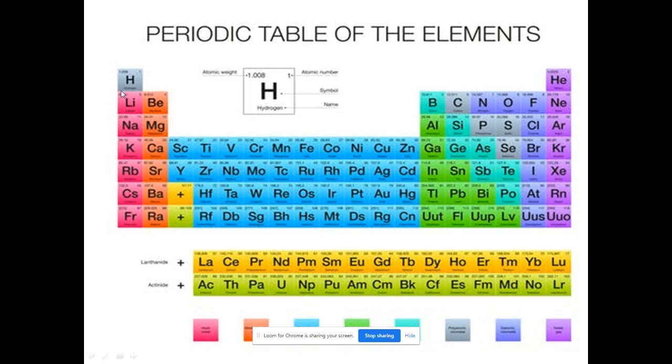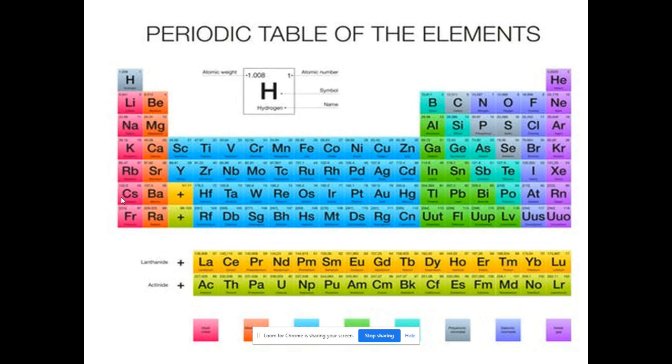Now first I am going to explain about the alkali metals: hydrogen, lithium, sodium, potassium, rubidium, cesium, francium. All these elements are present in group 1A of the periodic table. Lithium, sodium, potassium, rubidium, cesium are alkali metals.